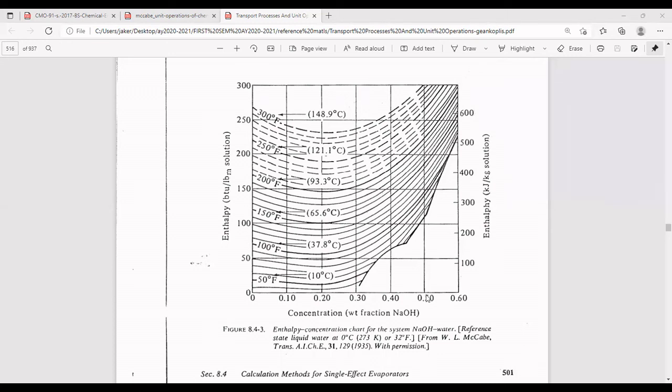Then you project up until you reach the boiling point temperature of the first effect, the BP of the solution in the first effect. In our case, I'll just look it up here. The BP of our solution in the first effect is, based on the corrected temperature distribution diagram, 140.74. I will share it to you so you will see.